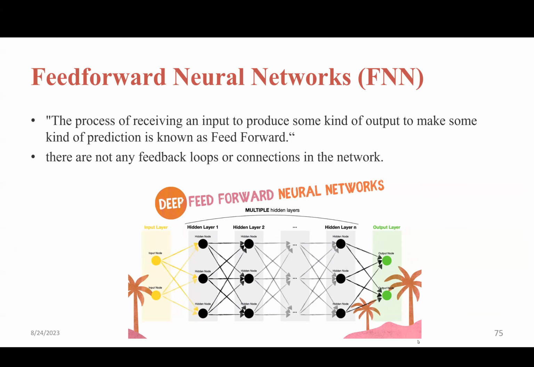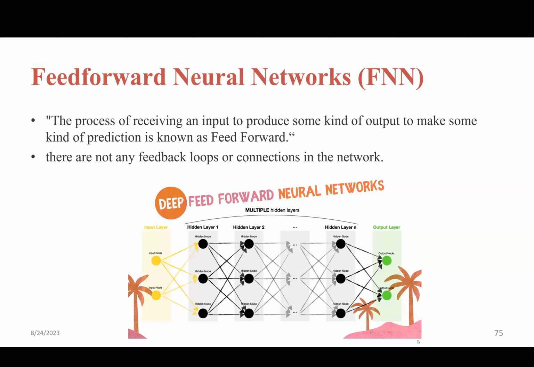The process of receiving an input to produce some kind of output to make some kind of prediction is known as feed forward. You are feeding data in the forward direction. So that is called feed forward.